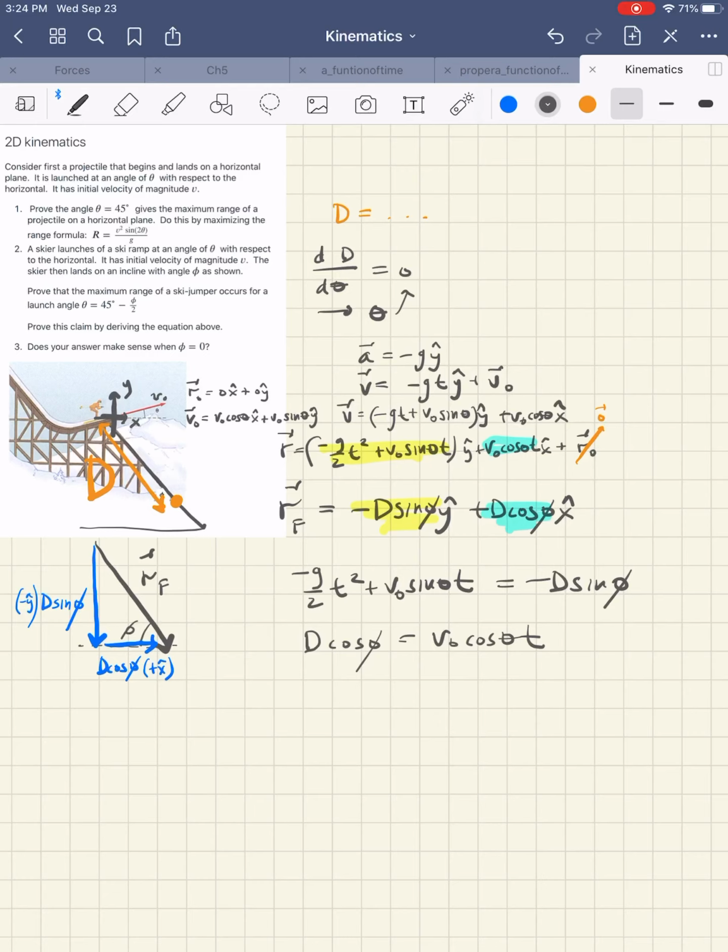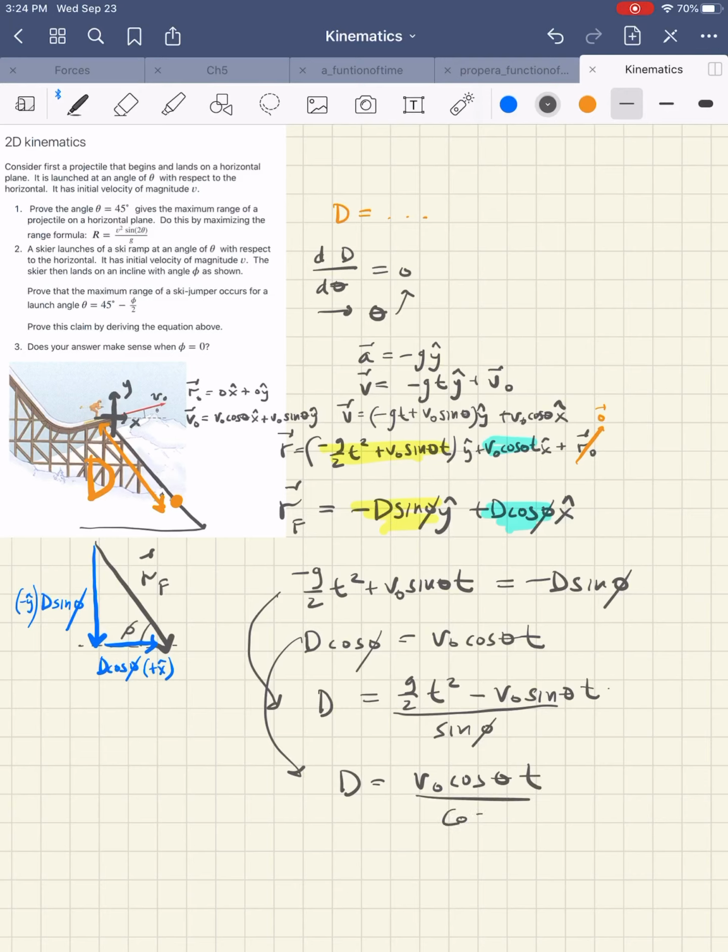So solving for d, I'll get from here, d is equal to g over 2 t squared minus v naught sine theta times time, divided by sine of phi. So I've brought this minus sign over and then divided by sine of phi. For my other equation, solving for d, I get v naught cosine theta times time divided by cosine of phi.